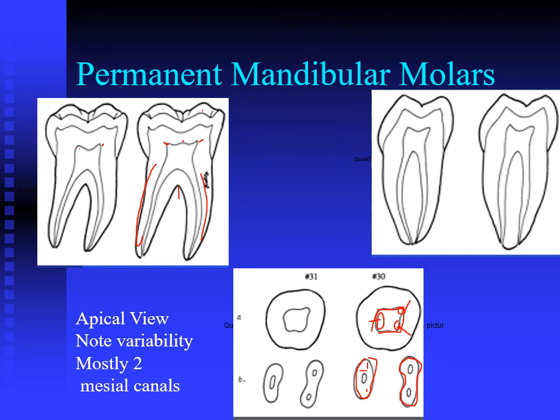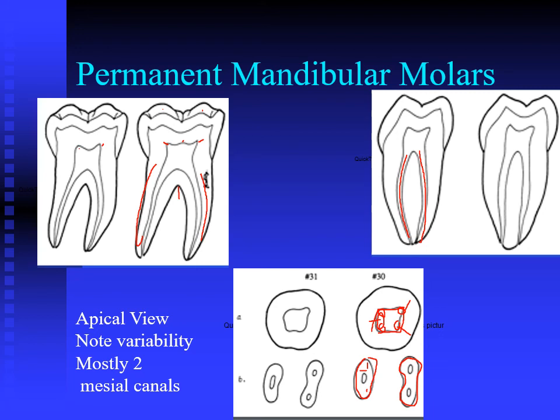Here's a nice view of the first molar in the mesial root, showing bifurcated canals again. This is pretty typical. You'll have 2 canals in the mesial root and 1 canal in the distal in most of the cases. But the tooth can be variable in that you can also have 2 canals in the distal root, or you may even have 4 roots.